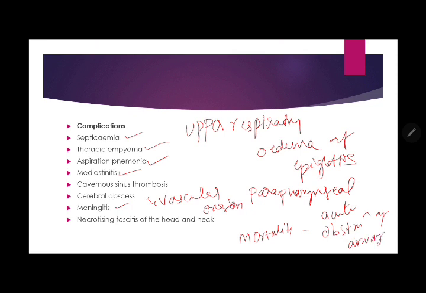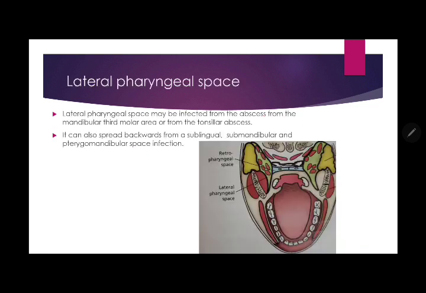Acute obstruction of the airways is the most common cause of the mortality. The other complications include cavernous sinus thrombosis, cerebral abscess, and necrotizing fasciitis of head and neck. So these are the potential complications of the Ludwig's angina.